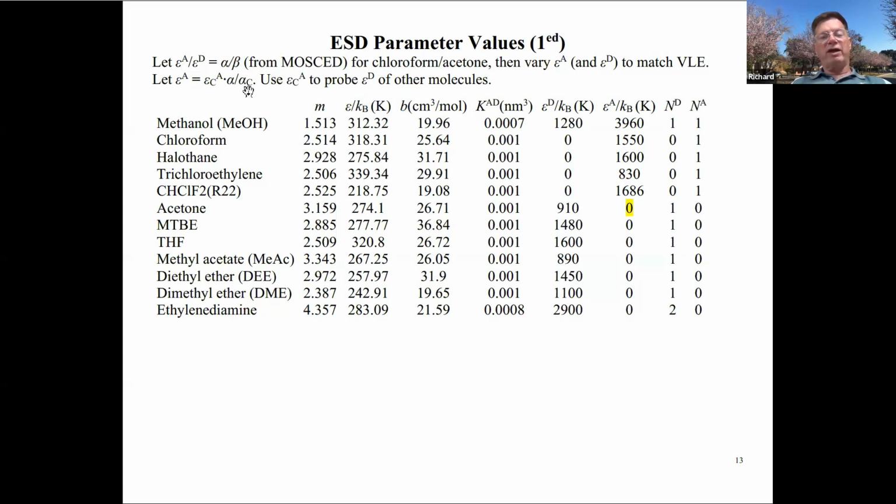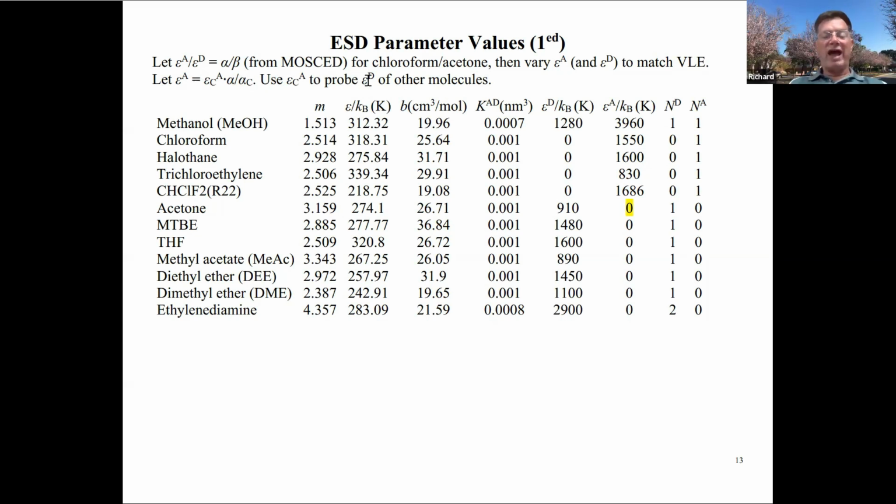Then once we have epsilon A for chloroform, we can either make a guess and predict it from Muscat, or we can just vary the value of epsilon A relative to acetone.